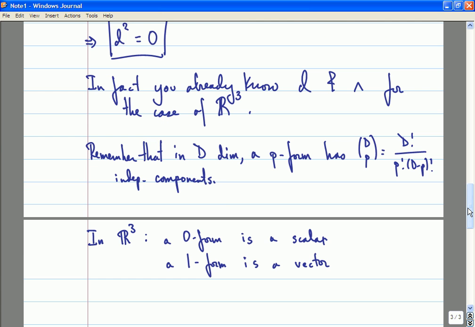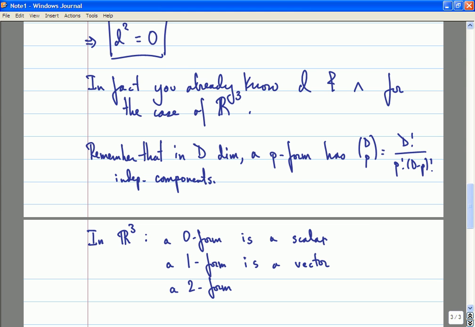Now, what's a two form? Well, a two form is an object with two indices that is antisymmetric in those two indices. And so there are three choices of such object. And so we also call those vectors in our classes on multivariable calculus. You know, F12 you would call F3, for example, or F13 you would call F2, and F23 you would call F1.